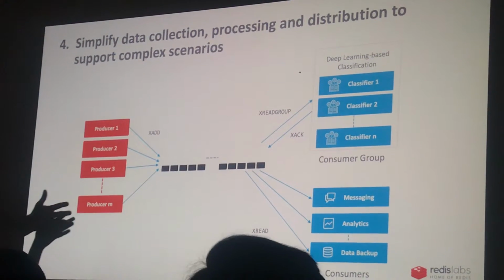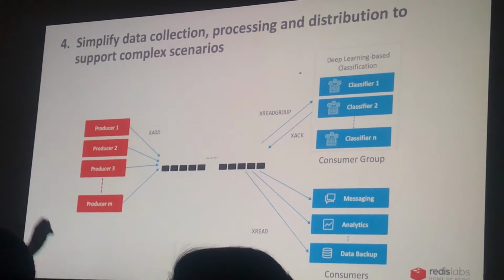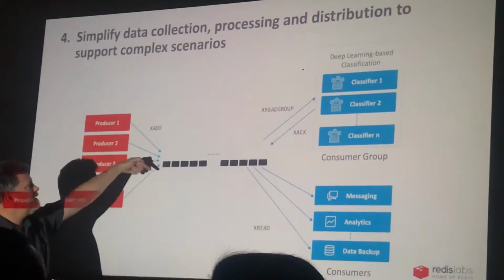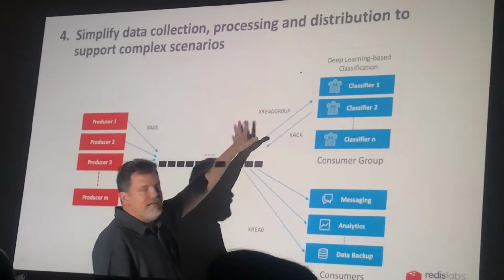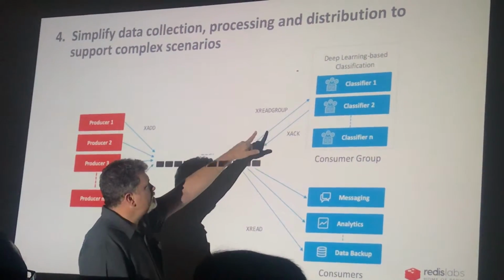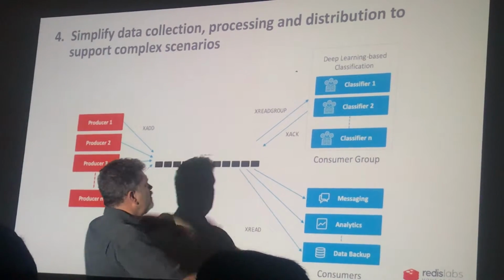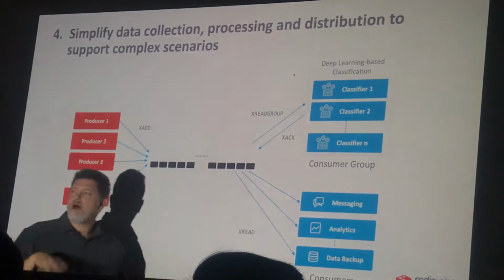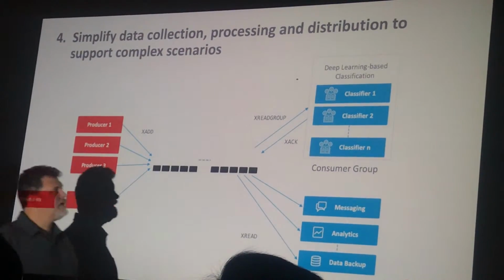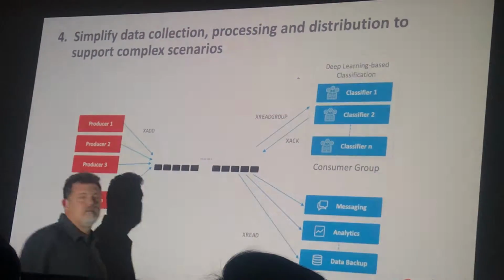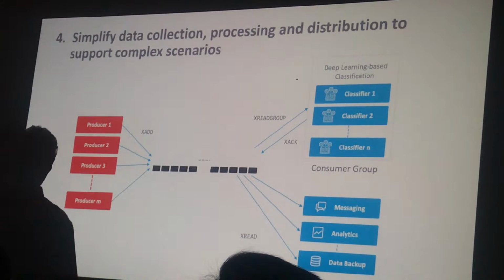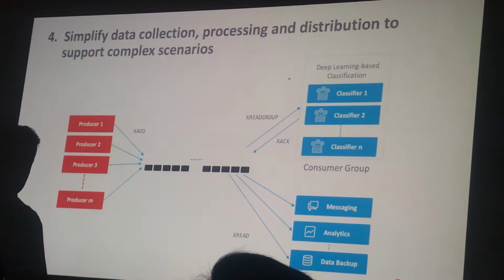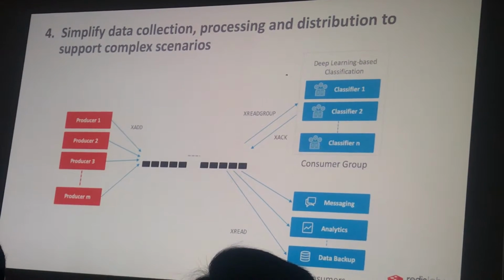So you create a consumer group, and instead of the normal xread, you're going to use xreadgroup. You pull a value out, and once you're done processing that entry, you send back an acknowledgement. Now we know that particular entry is no longer pending, it's been completed. And you can choose to delete it or not.